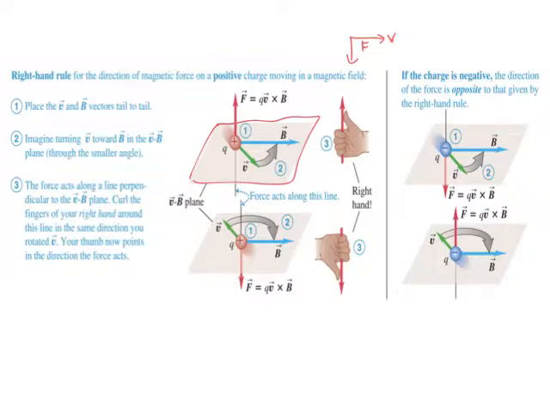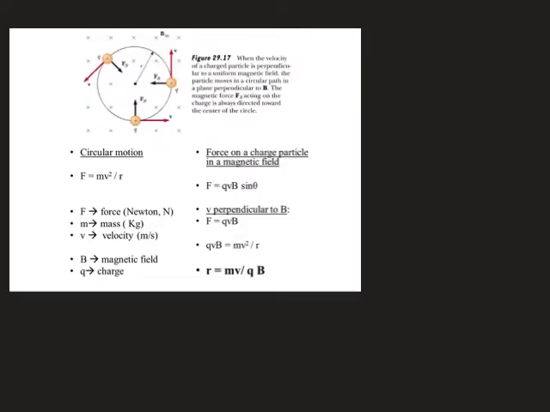Now we are going to relate the concept of centripetal force with the concept of force acting on a charge. We know that the force acting on the charge is F equals qvB sine theta, and because it relates to centripetal force, we can also put this force as mv squared over r.